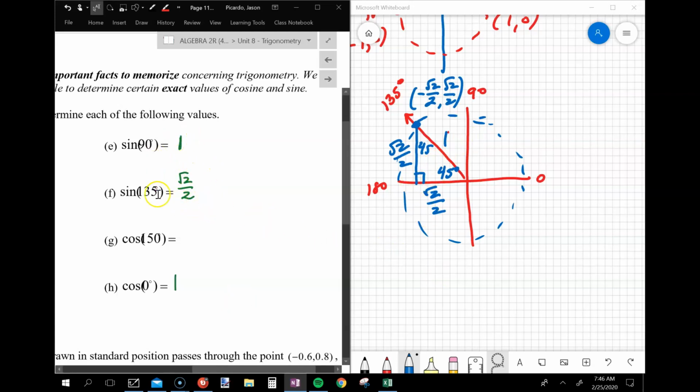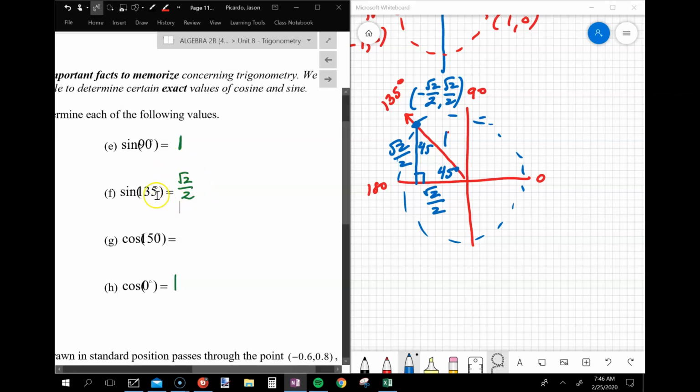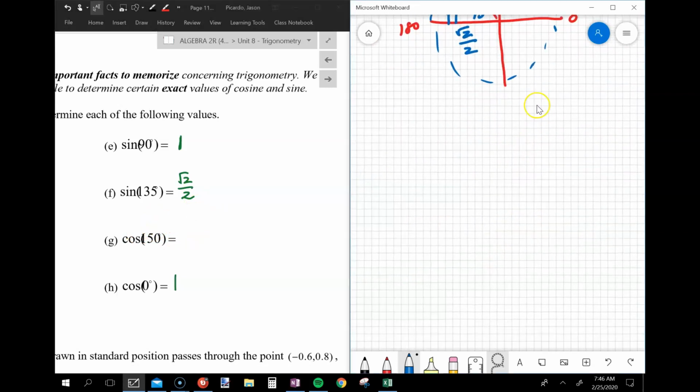Would the calculator ever show me this answer? No, it's going to show me a decimal, right? Because why is it never going to show me this? This is an irrational solution. Radical 2 is irrational, right? So this is an exact answer. Using a calculator, I'll never get the exact answer. Cosine of 150?